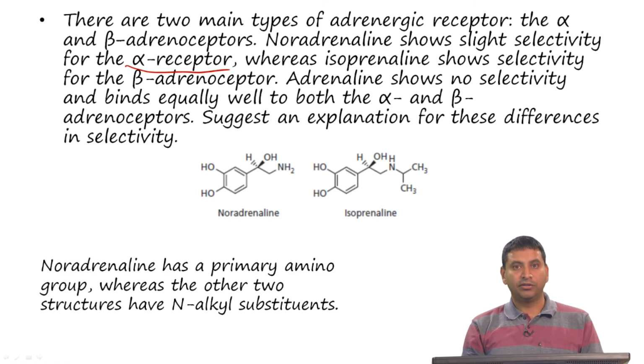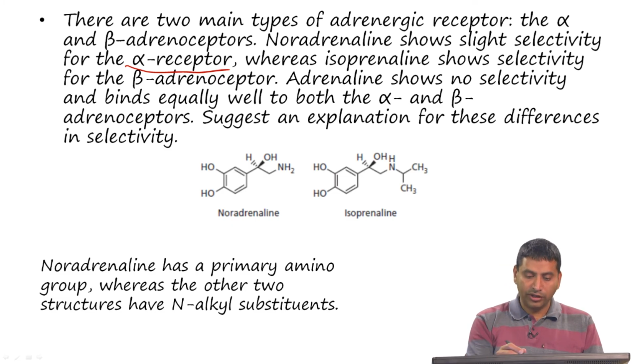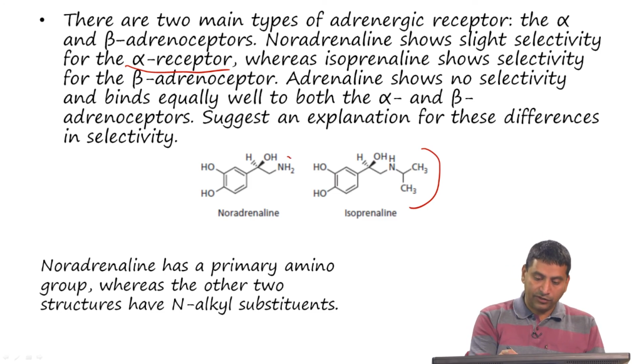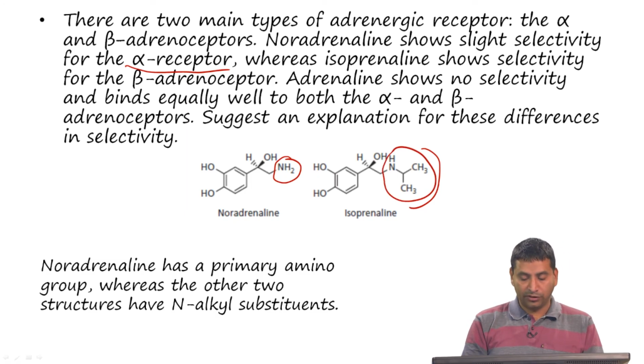Suggest an explanation for these differences in selectivity. Here is the structure of noradrenaline and here is the structure of isoprenaline. As you can see clearly, one has an NH2 group, whereas the other has an isopropylamine as a functional group. That is the only difference between these two molecules.